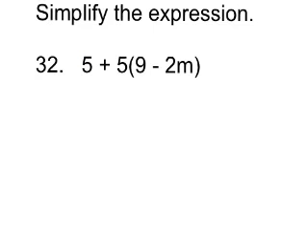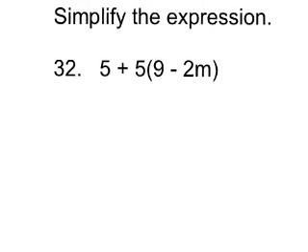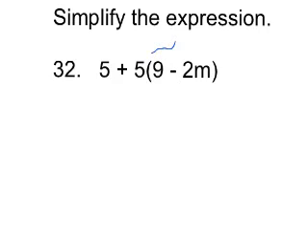Okay, we'll do the distribution first. The distribution is like multiplication. Notice we have a parenthesis, but there's nothing we can do with this parentheses, because they're unlike terms in there. Notice there's a 9 and then there's a 2m. So we can't do anything with that, but we can distribute the 5 over those. We'll distribute the 5 over the 9, and we're going to distribute the 5 over the negative 2m.